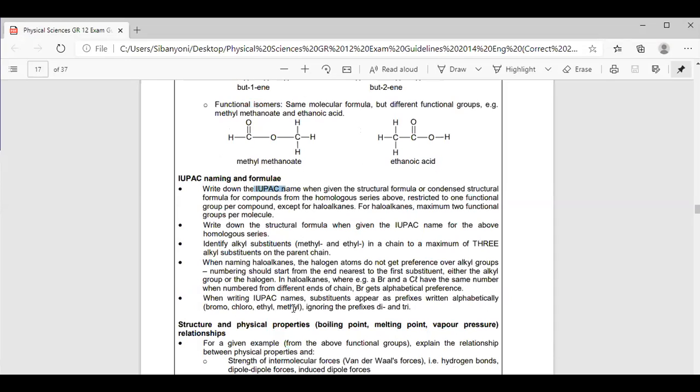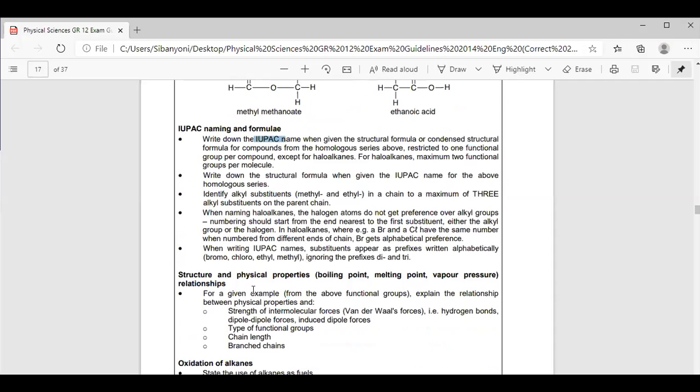We will be using those IUPAC rules and we will apply them as we do the questions. But furthermore, you can be given the name of an organic molecule and we will expect you to draw the structure, and that is very important.